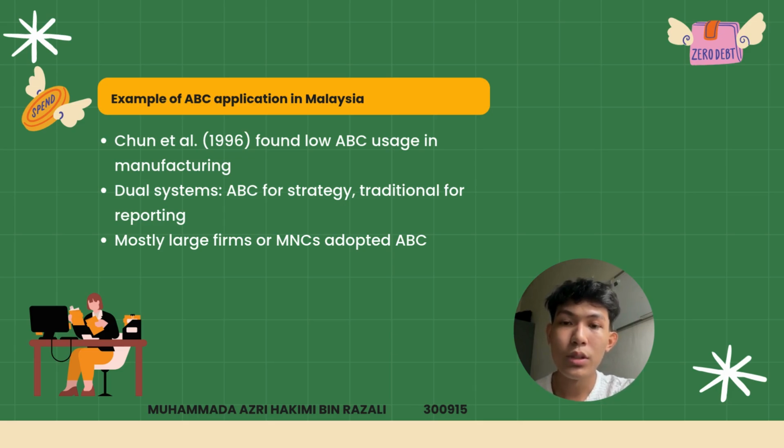This approach allows companies to meet regulatory requirements while still gaining the strategic benefit of ABC. However, this also indicates that the full integration of ABC into business processes was and still is limited in Malaysia.